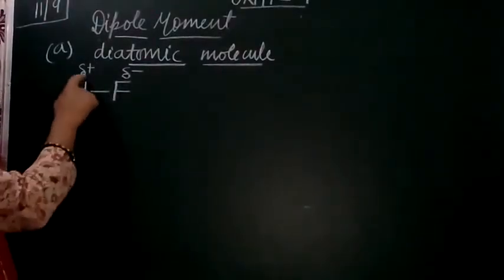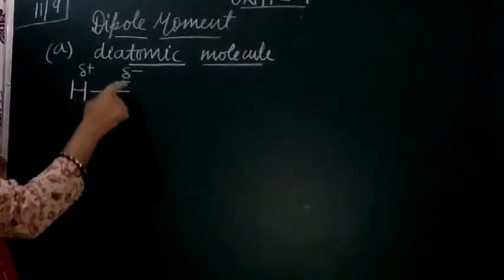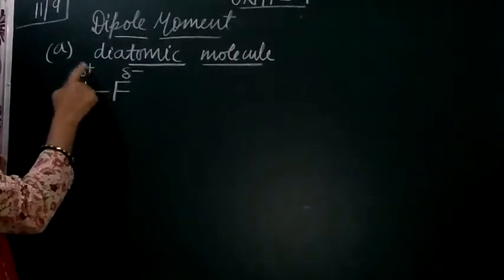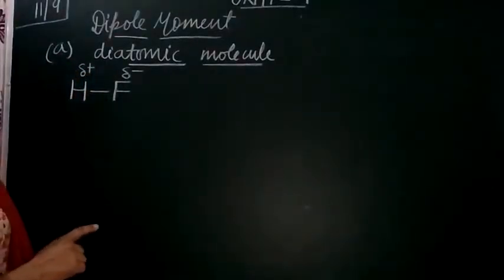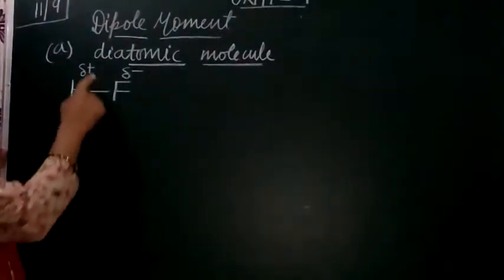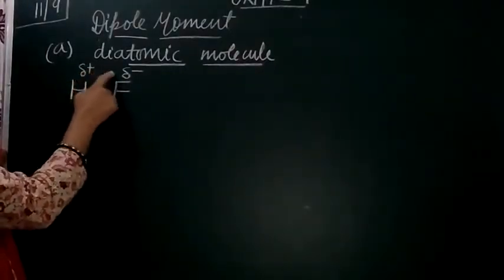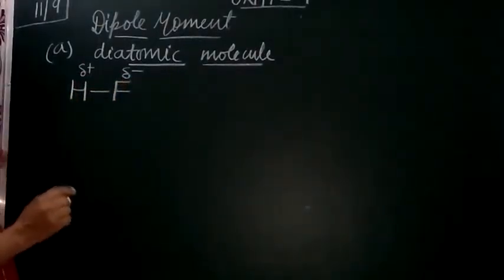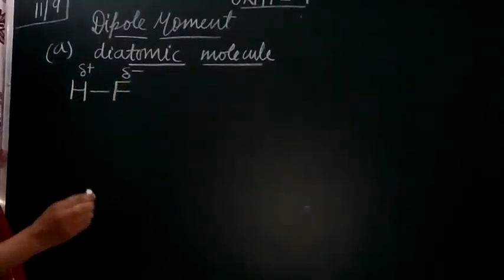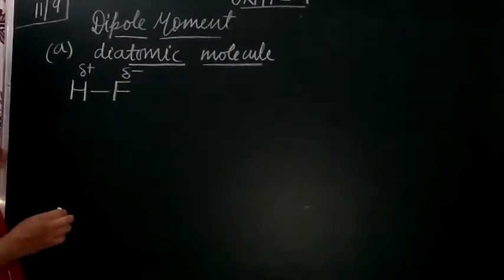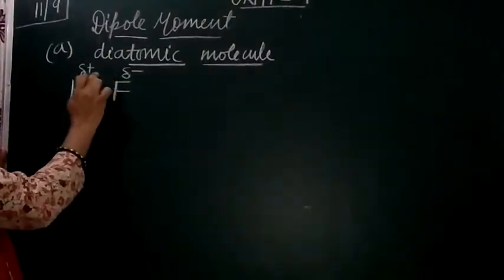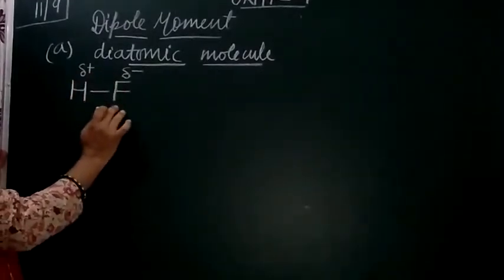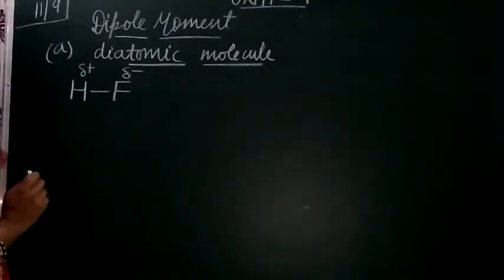Now, these are the charges we are talking about in mu equals q into d. These charges are of the same magnitude but of opposite sign. So q is the charge, either delta positive or delta negative, and the distance of separation is between these two. Now, how do we indicate the dipole moment here?